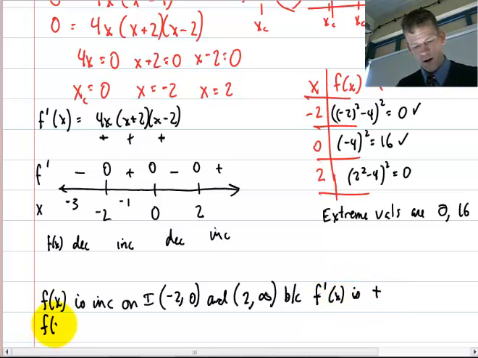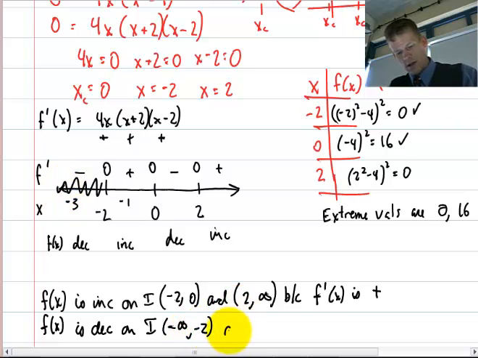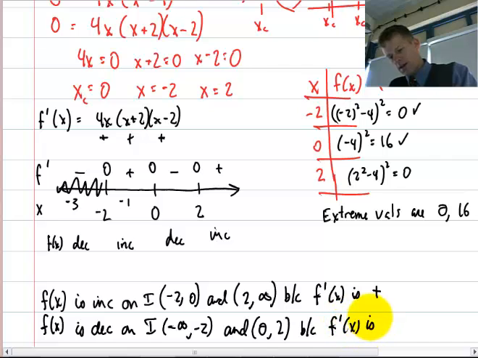And the second part, f of x is decreasing on the interval from negative infinity to -2, and from 0 to 2 because f prime of x is negative. This is plenty to justify your answers for increasing and decreasing.